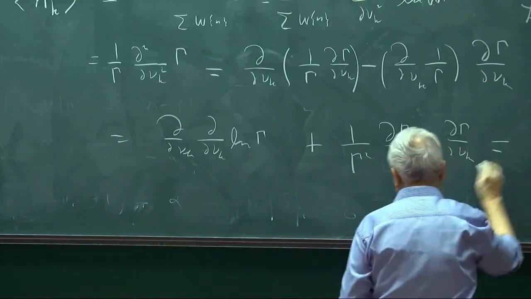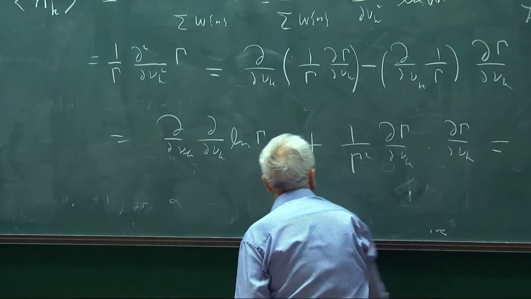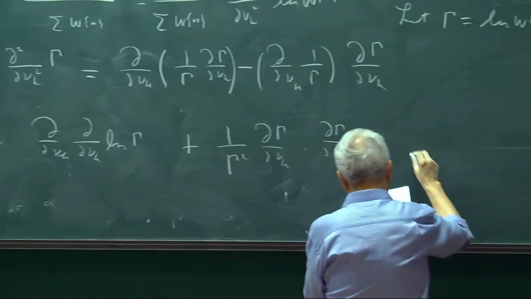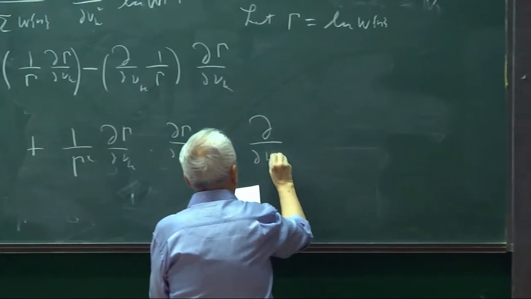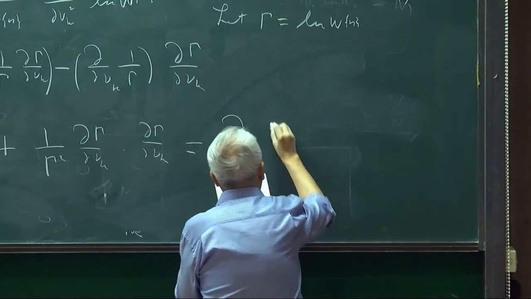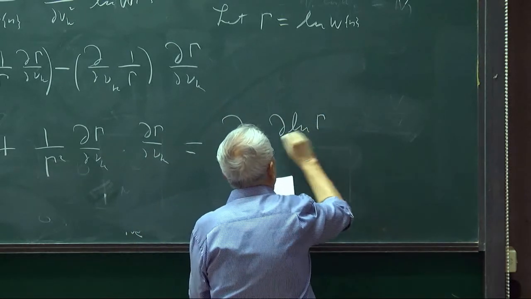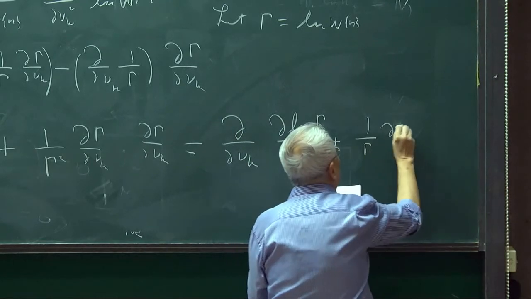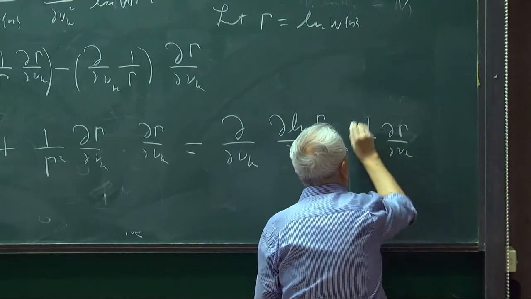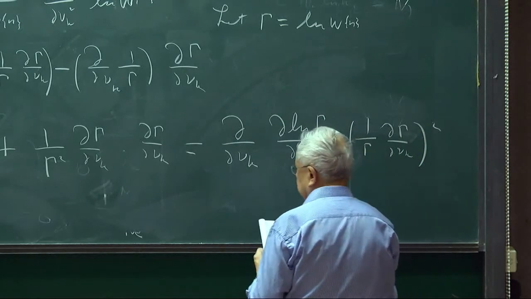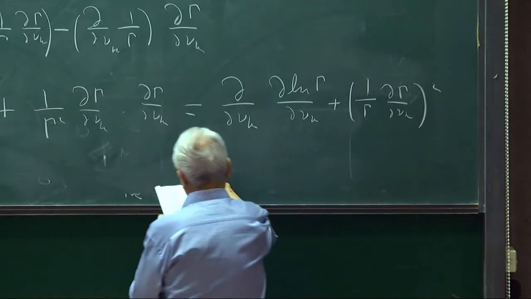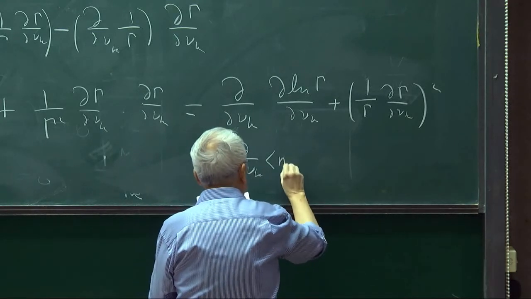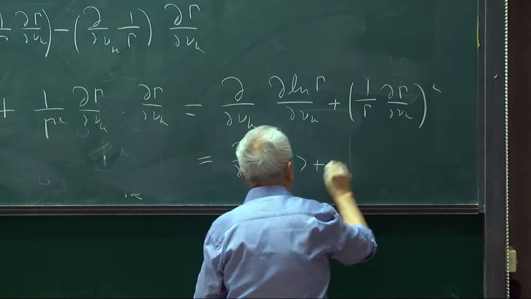So this whole thing is equal to d by d nu k of d log gamma d nu k plus 1 over gamma d gamma d nu k squared, which is, as you notice, just equal to d by d nu k of the average value nk plus nk average squared.